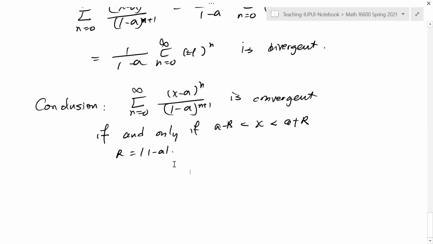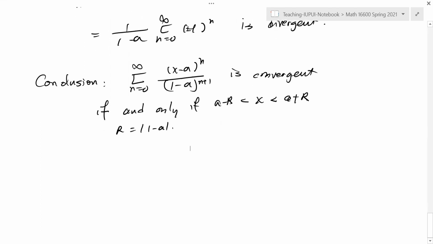But for this particular problem, we know that it's convergent to 1 over x, as we already saw at the beginning.